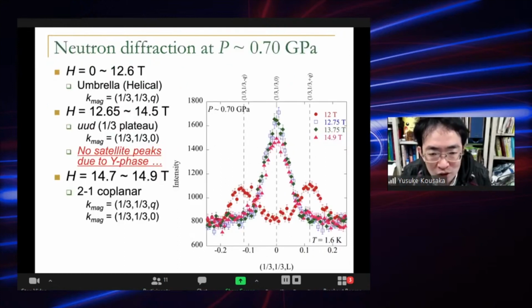Next is slightly more pressure, but unfortunately the data looks the same as that at 0.65 GPa. So at the present moment, it is difficult to prove that this compound has the Y phase using the neutron diffraction technique.